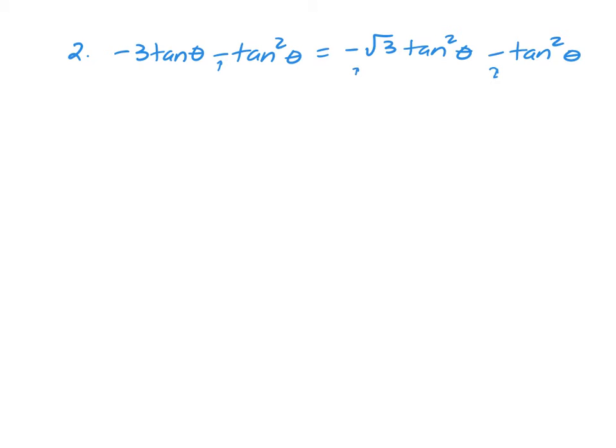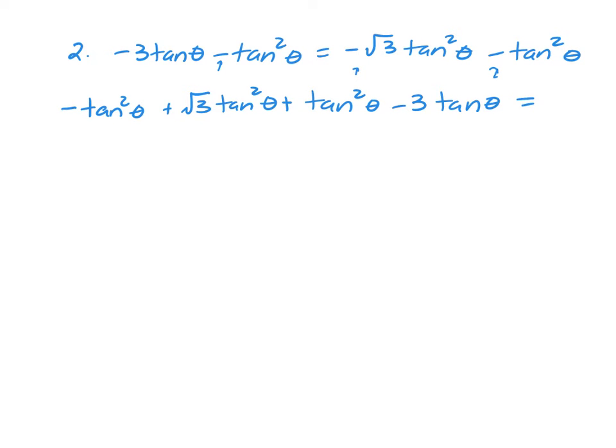So I'm going to move the two negatives from the right to the left. I'm going to write them in order: minus tan squared of theta plus root 3 tan squared of theta plus tan squared of theta, and then add that minus 3 tan of theta that was already on the left equals 0.